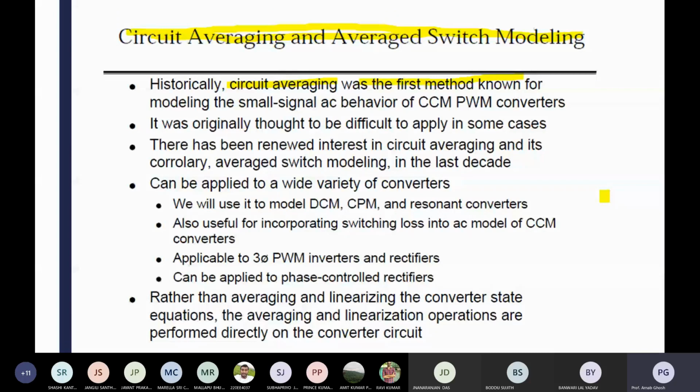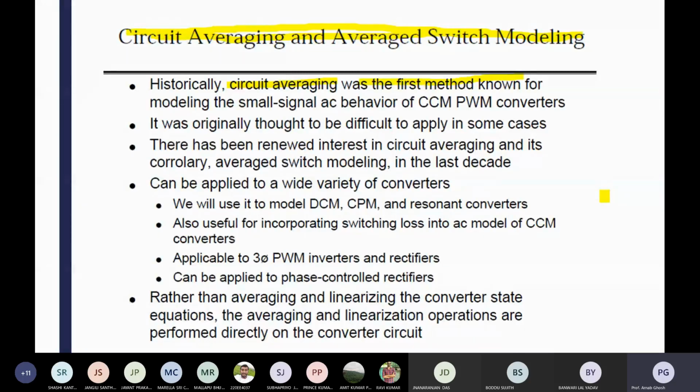That's why in the current scenario people are working on that modeling, and they give their justifications based on the standard, conventional small signal averaging modeling decided by Middlebrook and Cuk.